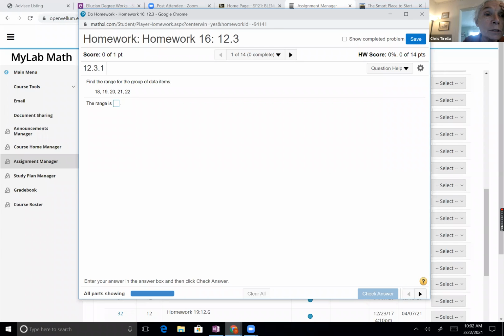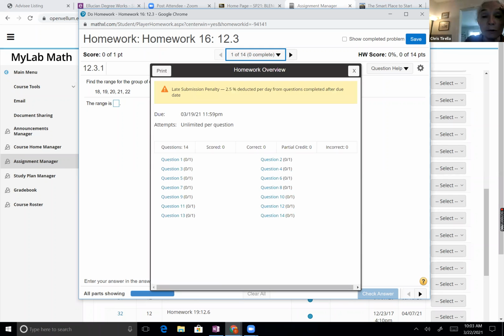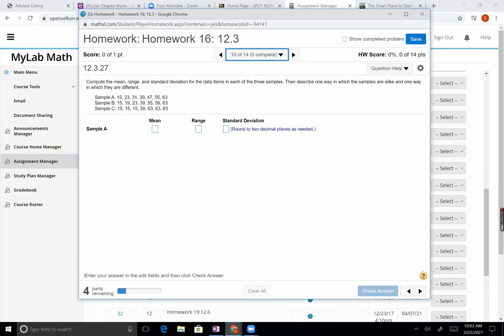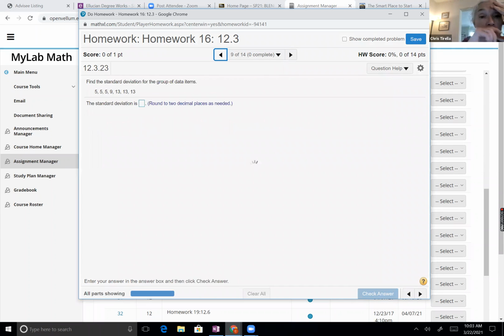Does anybody need another day on that homework 16, 12.3? There were some where you had to find the range, but also some where you had to find the standard deviation. The last few were getting a little difficult.